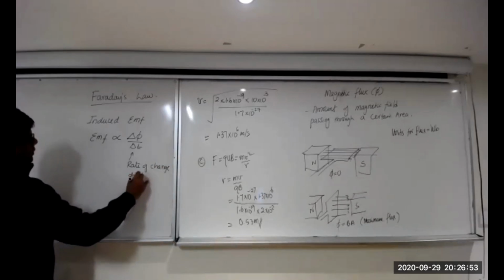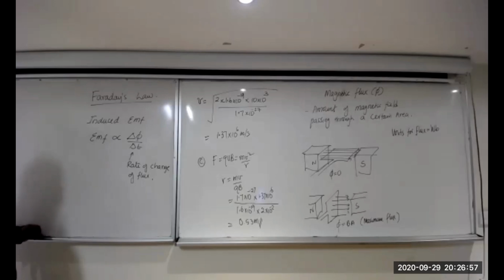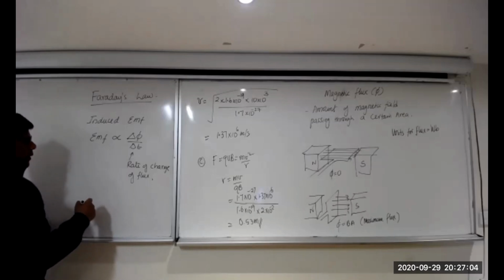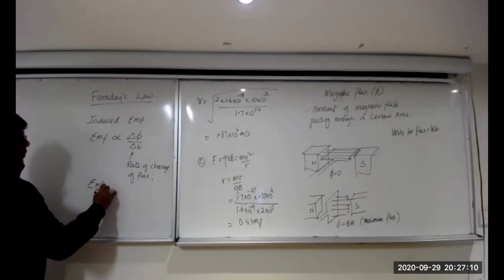Combined with the number of turns in a coil, this is the equation for average EMF.